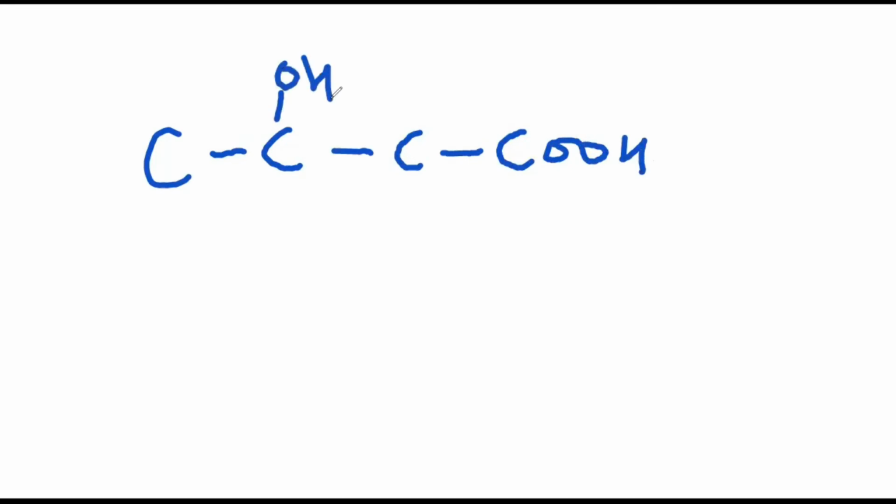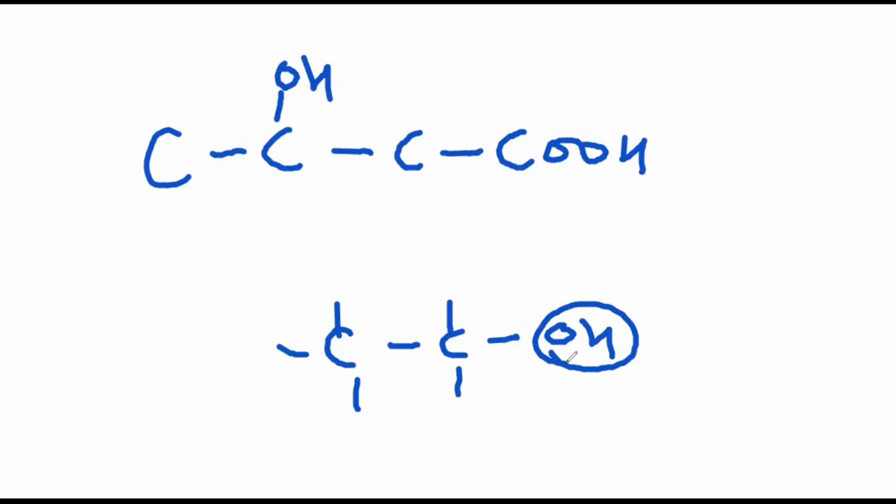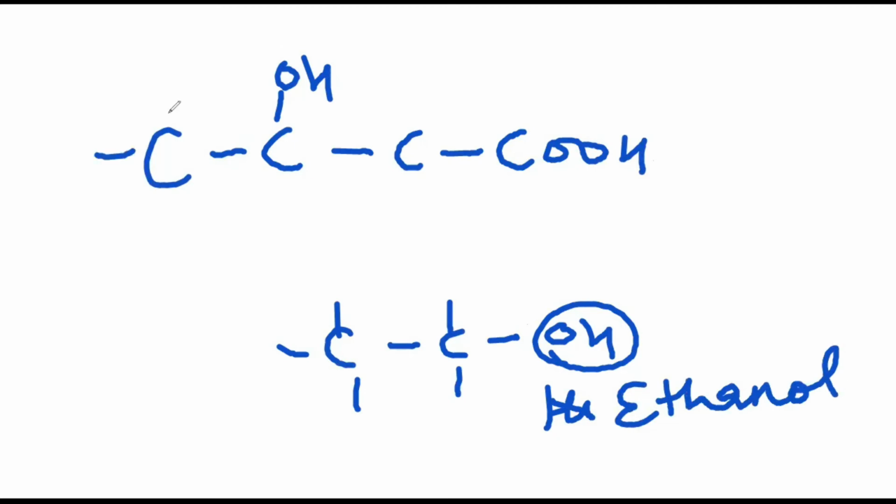Now, supposingly let's see one example. When I'm saying this one, then you are simply saying, acha, this has only one functional group, that is OH. That's why this is known as alcohol. Alcohol, so ethanol, right? This will be known as ethanol because of the 2 carbon atoms. Now here in this example, you can see there are 2 functional groups.